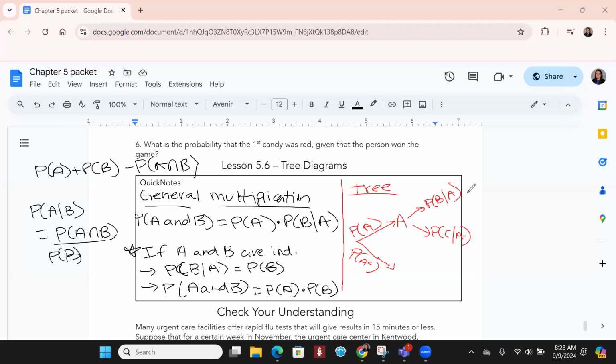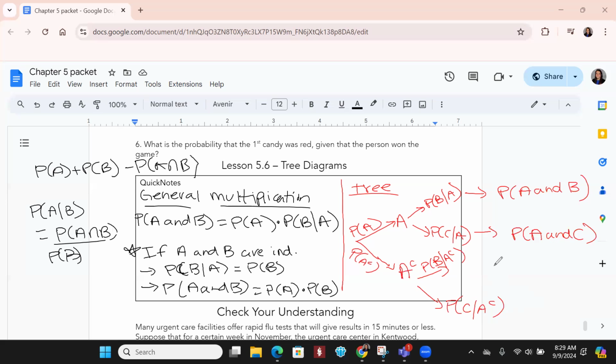So what this turns into is the probability of A and B, and the probability of A and C. Down here, you're going to have A naught, so that's the probability of B given A naught, or the probability of C given A naught, which turns into the probability of A naught and B, and the probability of A naught and C. Again, if you don't like all of these letters, it's okay.